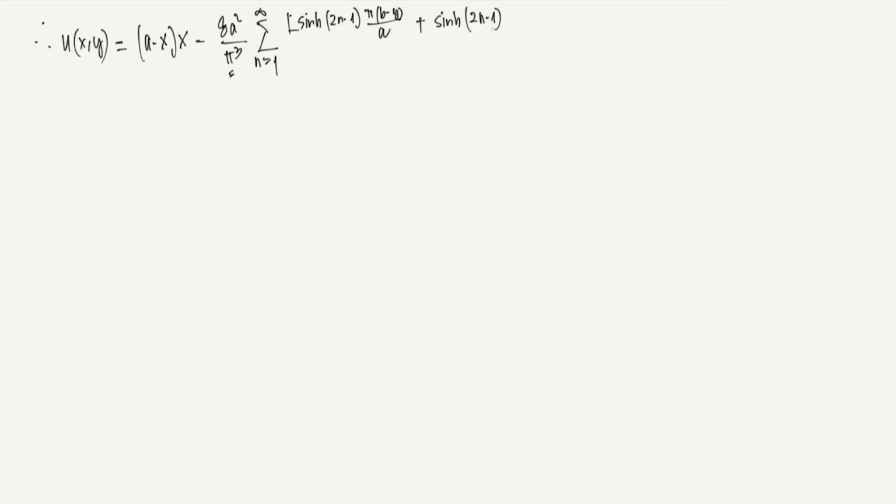That is why I am writing it like 2n minus 1 pi y by a, okay, by sine hyperbolic 2n minus 1 pi b by a times sine of 2n minus 1 pi x by a, by 2n minus 1 cube. Okay. So, it's a big expression, but that's how to solve it. Is it okay? Fine.